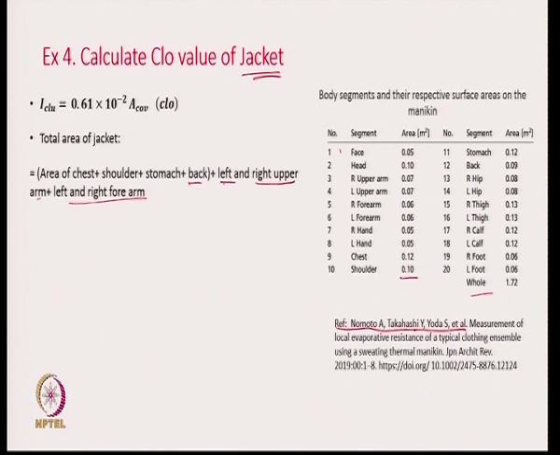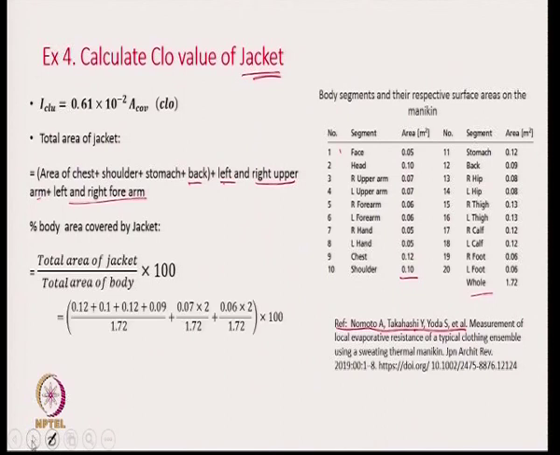So, we will try to find out first what is the area of the body which is getting covered by a typical jacket. The corresponding values we will collect from this table. So, percentage body area covered is total area of jacket divided by total area of the body. You find out the values of the chest and shoulder from this table. Chest is this much, shoulder is this much, stomach is this much, back is this much.